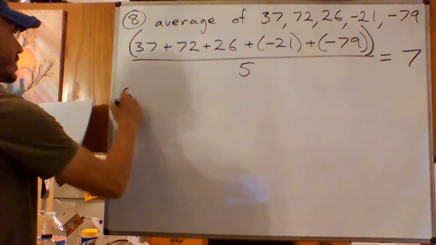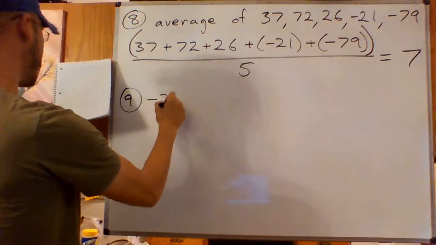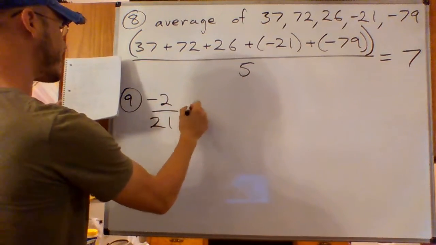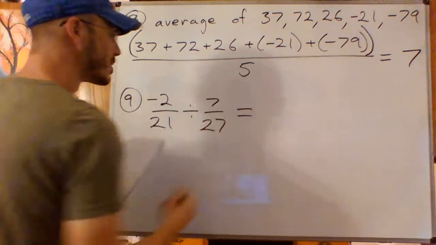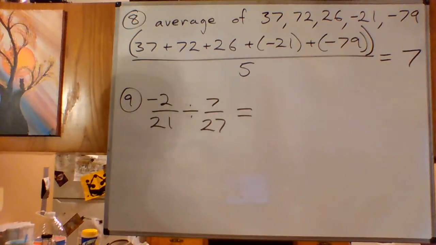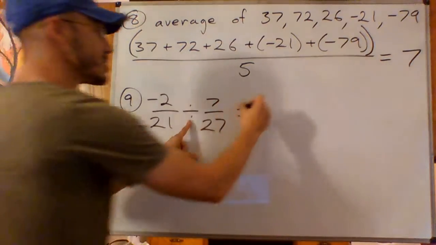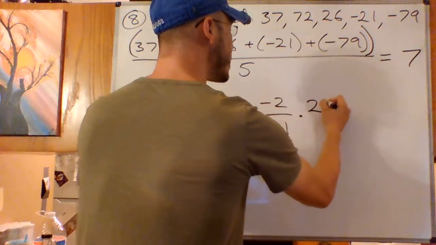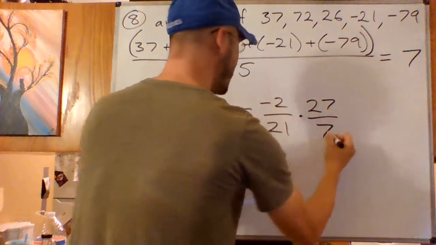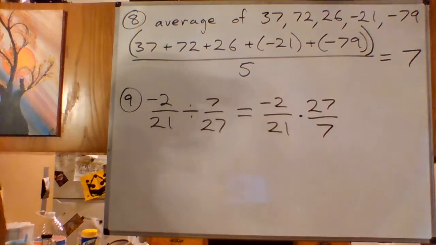For number 9, I got negative 2 over 21 divided by 7 over 27. And just like before when we did multiplication and division of fractions, negative 2 21sts times 27 sevenths, multiplied by the reciprocal of the divisor.